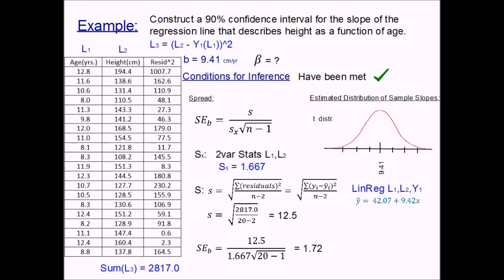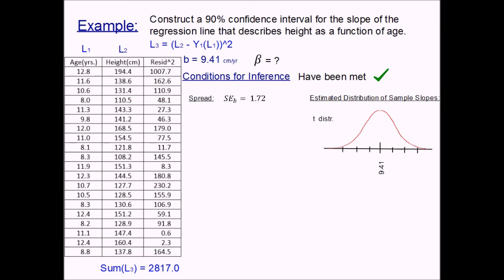That is our spread. And once we have that, then we can actually dimension out this distribution by adding 1.72 above the center and subtracting 1.72 below the center. So now we have our distribution.